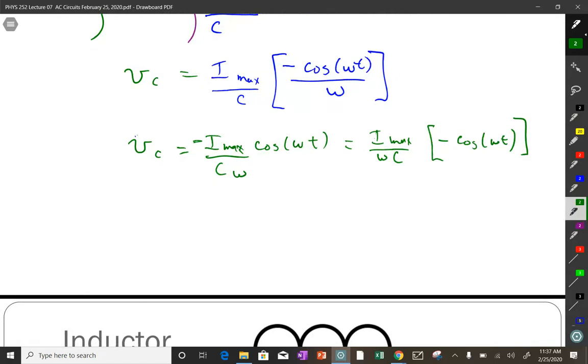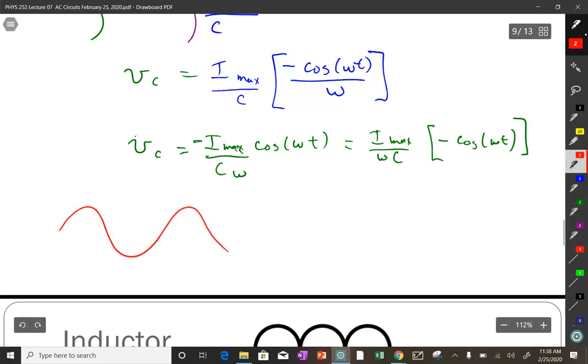If I were to plot these, here's a sine of omega t. And so this is time equals 0 here. Well, cosine would be 1, so minus cosine is going to go like this. These are supposed to be on top of each other.